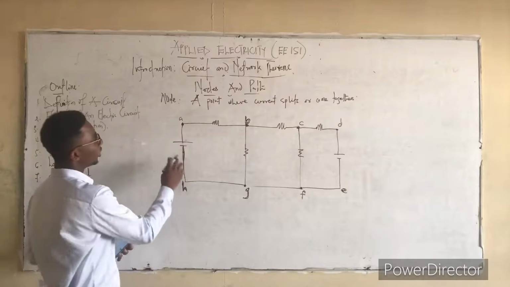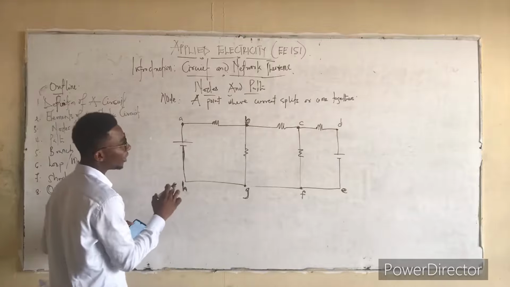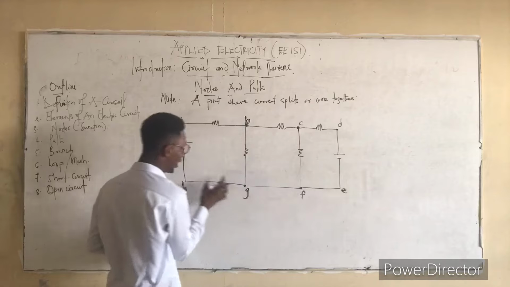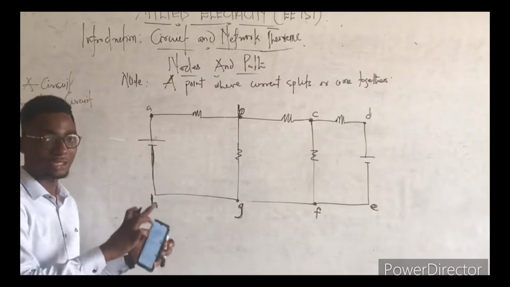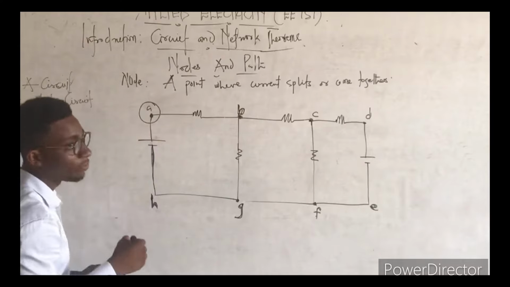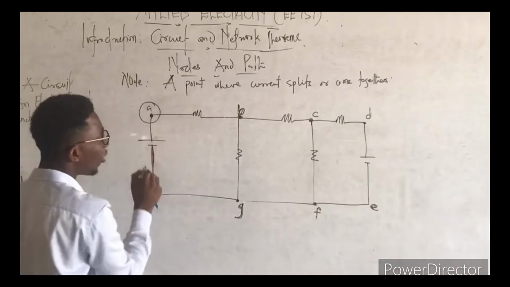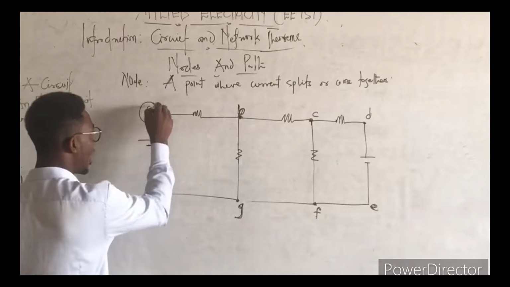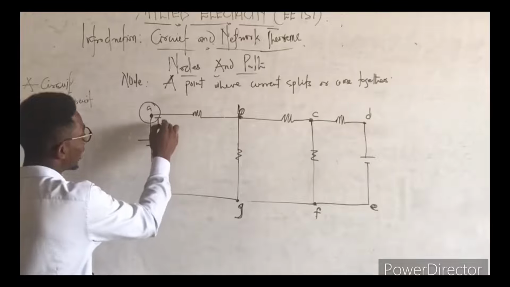Now, when you check this electric circuit, the points are about 8: A, B, C, D, E, F, G, and H. But not all these points can be classified as a node. When we take A, for example, A cannot be a node because there's no current split or current coming together at A. Let's assume the current that passes through A is I1.